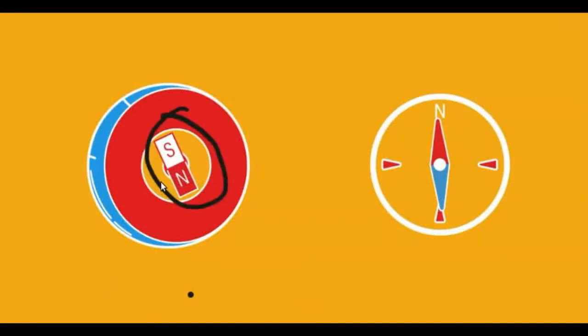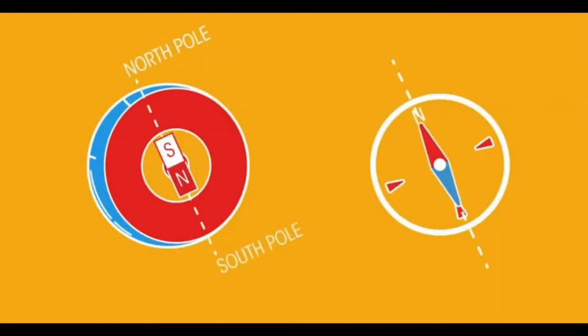So this is that huge bar magnet which is supposed to be hiding inside the Earth. So it is aligned like this, right?